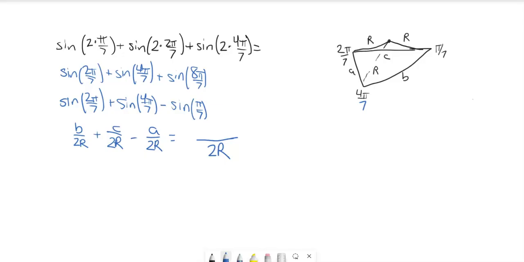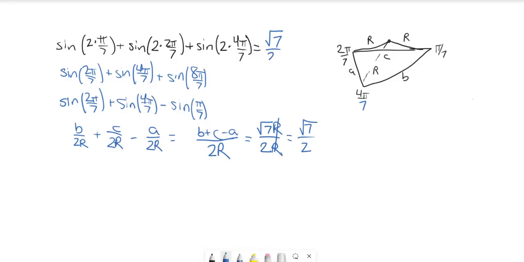So as you can see here, we can have a single numerator of b plus c minus a, like so. And I've done the derivation of this also. B plus c minus a is equivalent to the square root of 7 times r, and that'll be over 2r. So what will happen is the r's will cancel, and we're left with root 7 over 2.